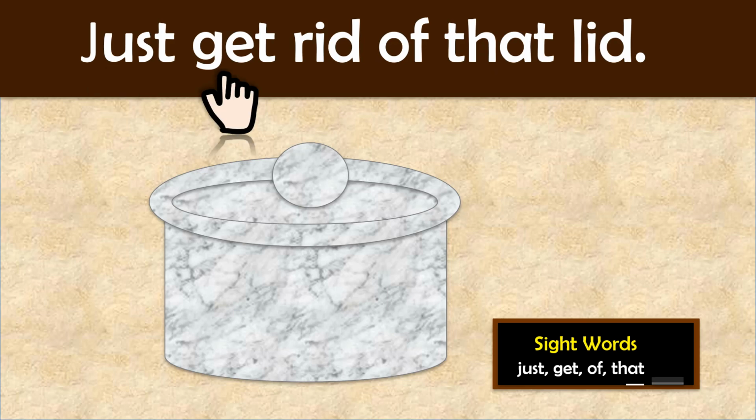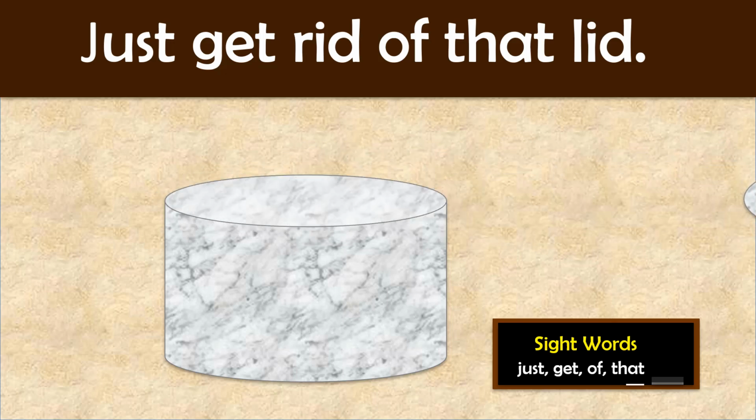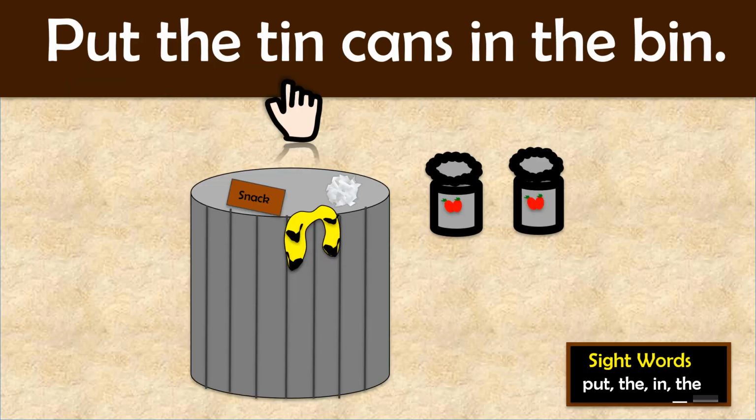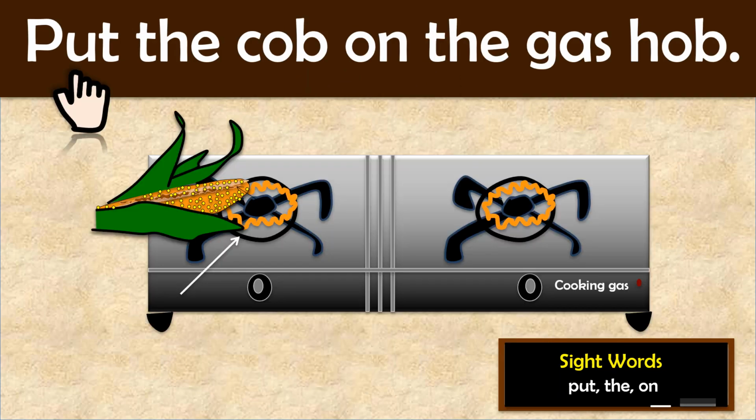Just get rid of that lid. Put the tin cans in the bin. Put the cob on the gas hob.